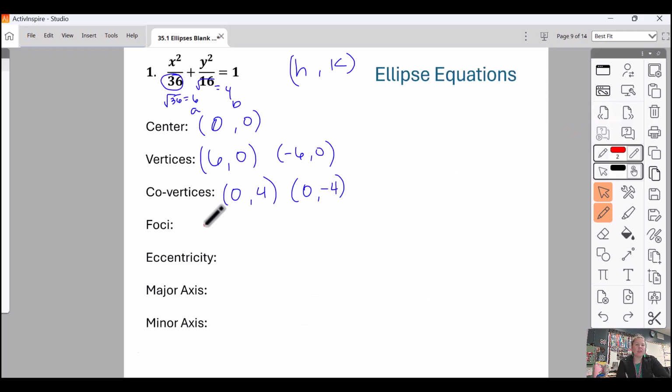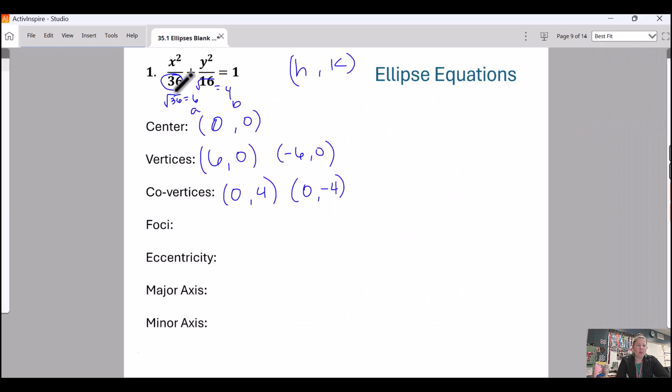Okay, now our foci. We're always doing bigger squared minus smaller squared. So C is equal to the bigger denominator, 36, because it's already squared and we don't need to square it again, minus 16. This is going to be the square root of 20, which is approximately 4.47.